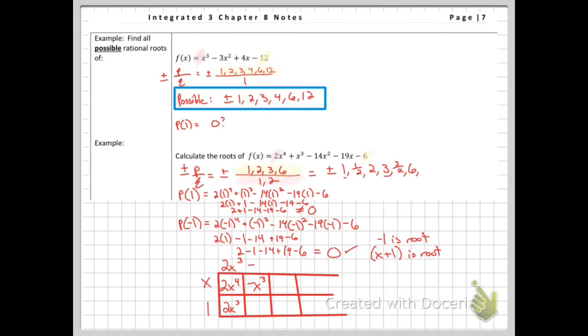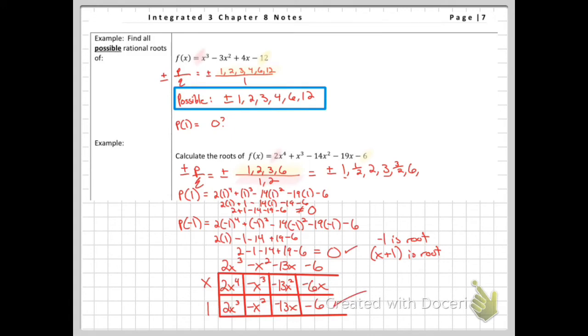To get that, I need to multiply by negative x squared times 1. My x squared is negative 14, so negative 13x squared. Negative 13x, negative 13x. I need to get negative 19, so negative 6x minus 6. That matches the last coefficient, so we know we did it right.